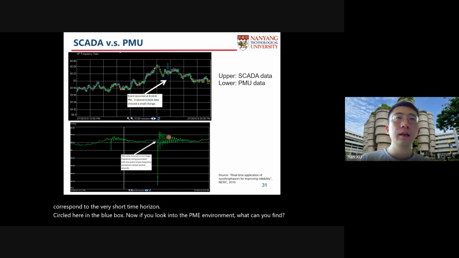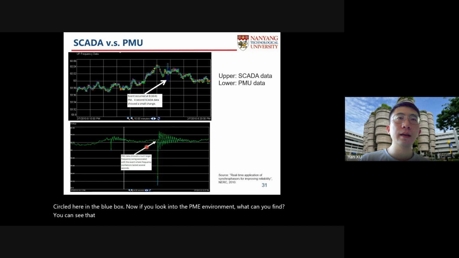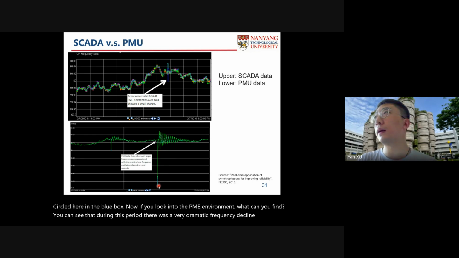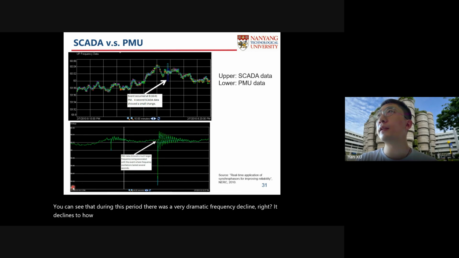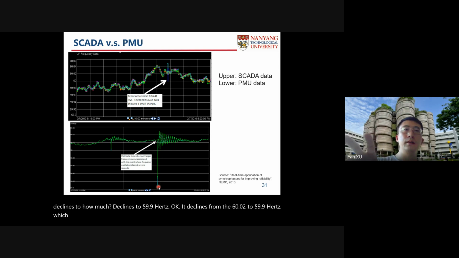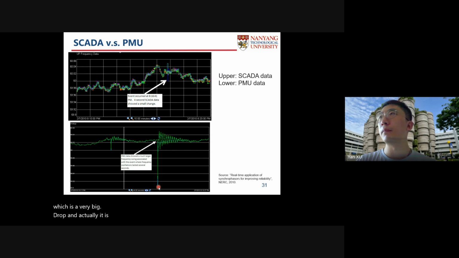You can see that during this period, there was a very dramatic frequency decline. It declines to how much? It declines from 60.02 to 59.9 hertz, which is a very big drop. And actually, it is already beyond the operation limit because our limit is 59.96 here.